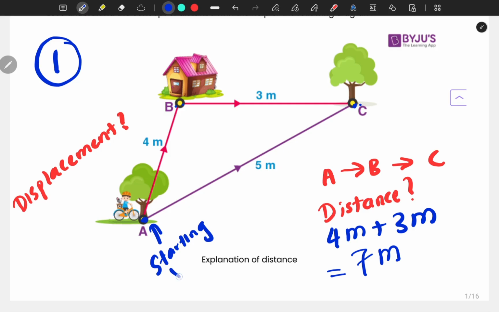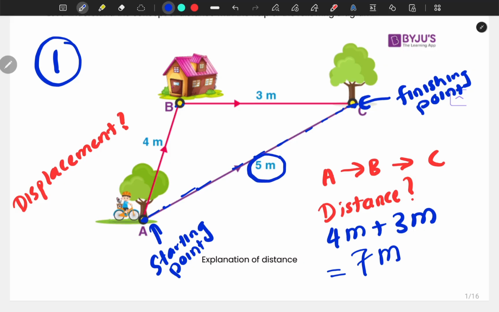When you find the displacement, first find the starting point and the finishing point. Then it becomes more and more easy. So from A to C, you can draw a straight line like this. You can see it's marked as 5 meters. So definitely the displacement becomes 5 meters.